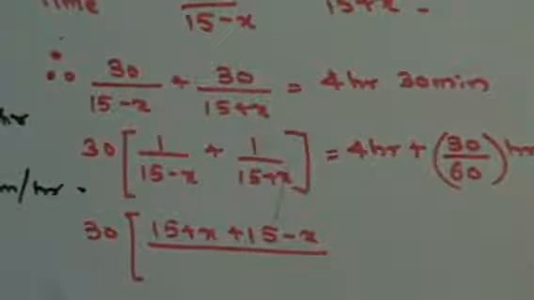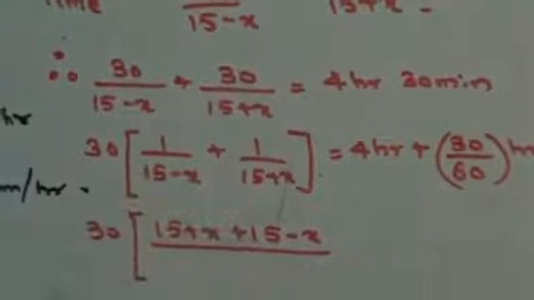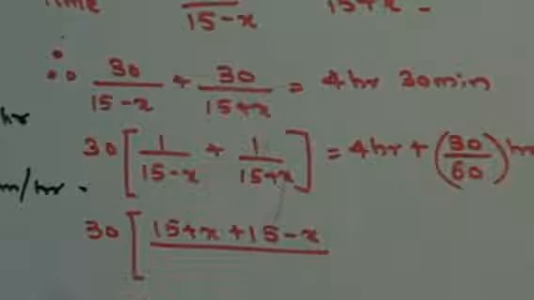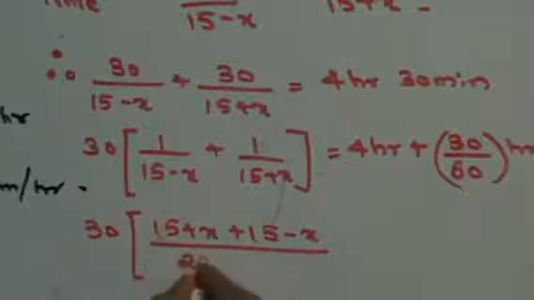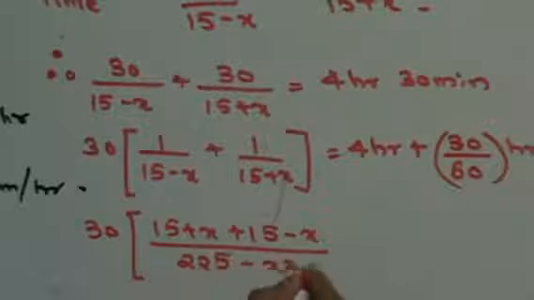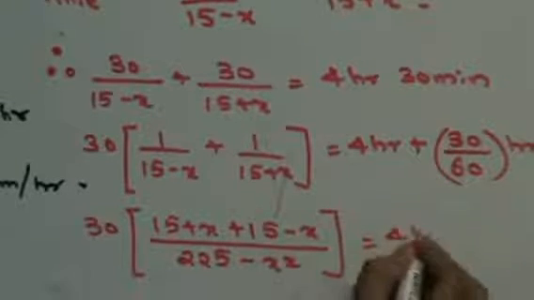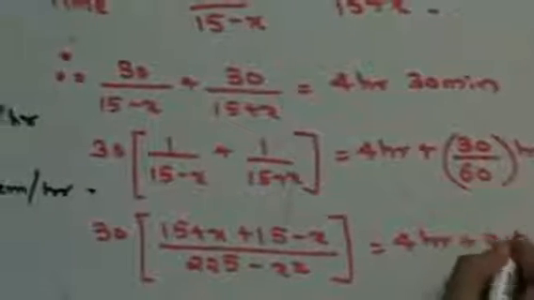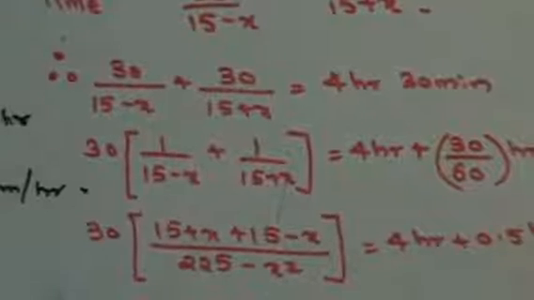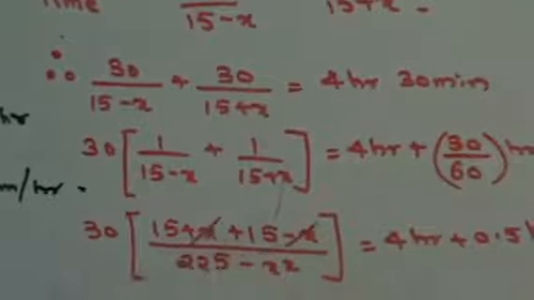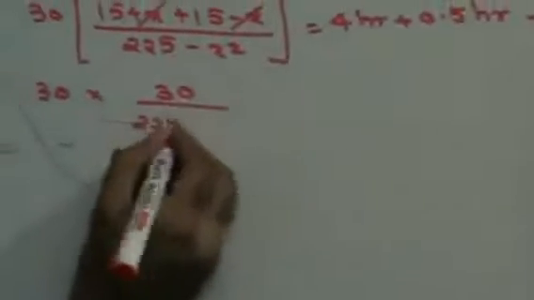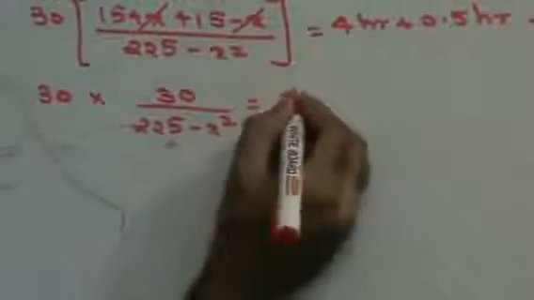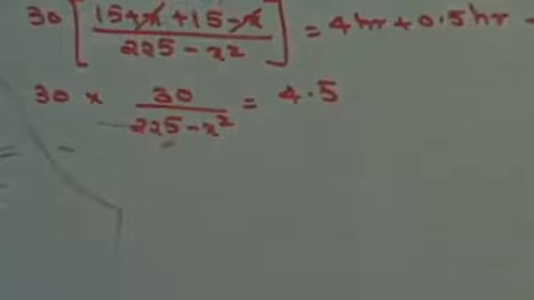In the denominator, it is a minus b, a plus b, which is a square minus b square. So that's 15 square, which is 225, minus x square, is 4 hours plus 0.5 hours. Plus x minus x gets cancelled. So you will get 30 into 30 upon 225 minus x square is 4.5.